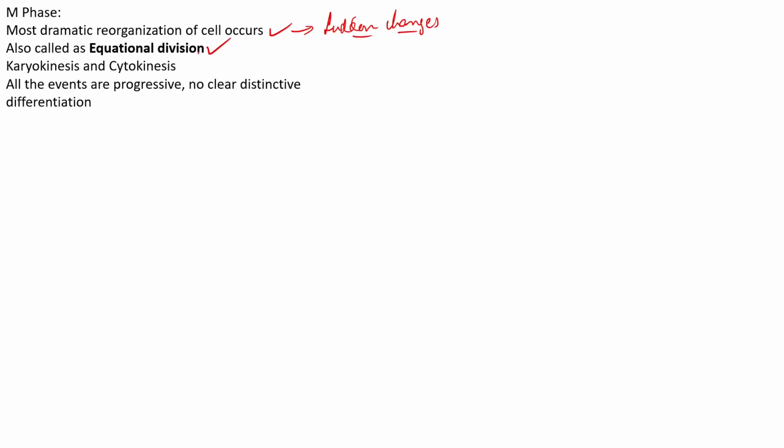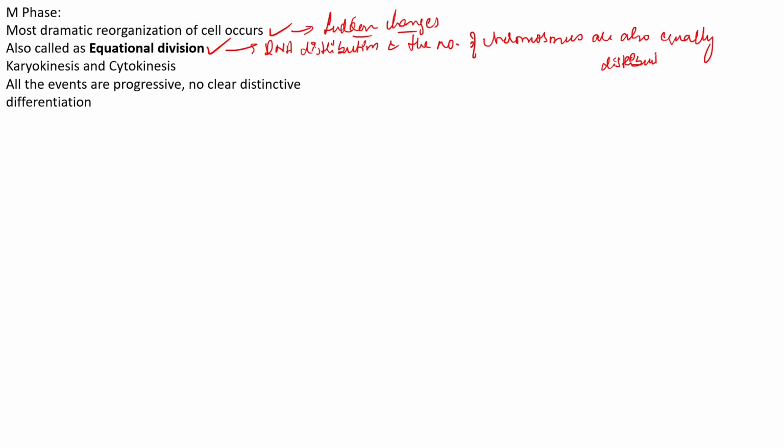Equational division means that the DNA distribution, and also the number of chromosomes, are equally distributed. That is what we mean by the term equational division.